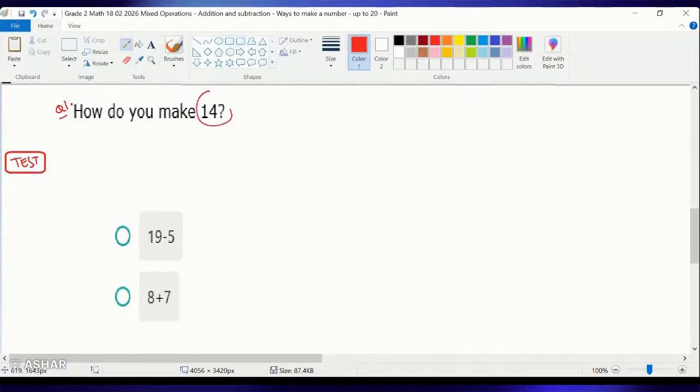How do we make a 14? In question number 1 from the test, how do we make a 14?